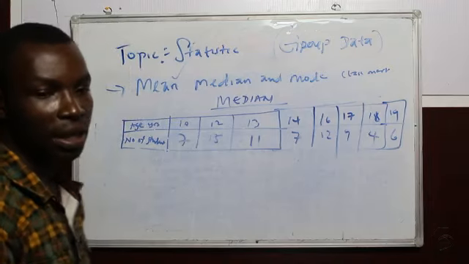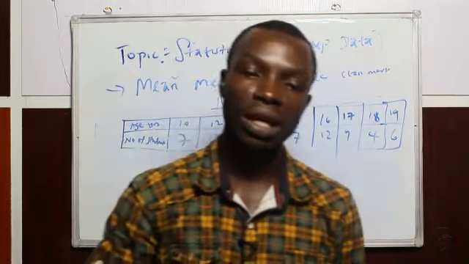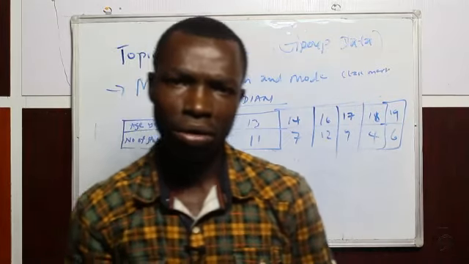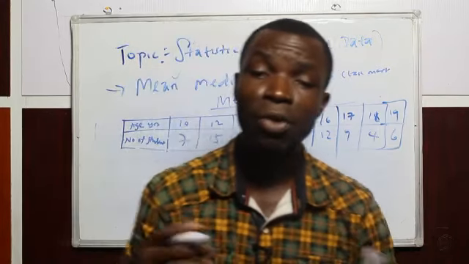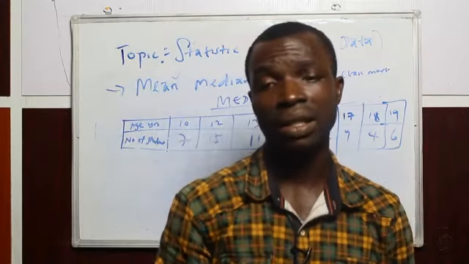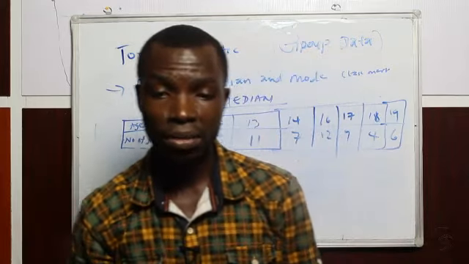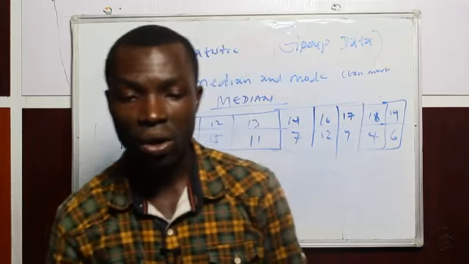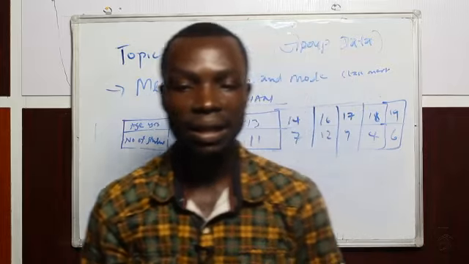How do we calculate the median? Right from the beginning, we were told how to calculate the median for ungrouped data. But this is a group data. We have to construct a cumulative frequency table. For us to solve this kind of question, we have to construct a cumulative frequency table, and it will guide us on how to get our answer.